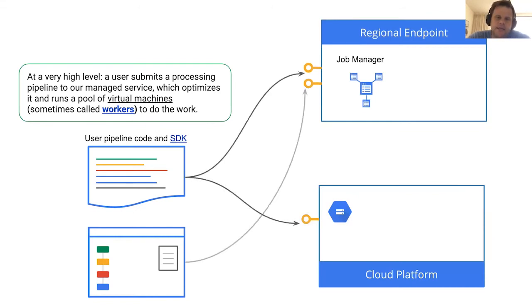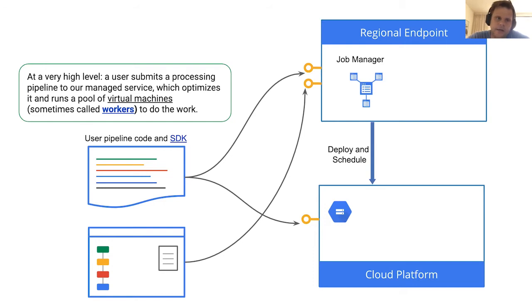So the way the Dataflow service works is you first implement the pipeline in whatever SDK you're using, being Python or Java. Then you submit your pipeline code to the regional endpoint, which is the job manager, and at the same time you stage that code into GCS.